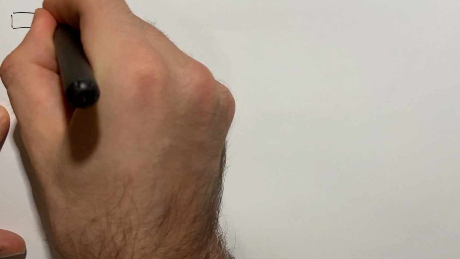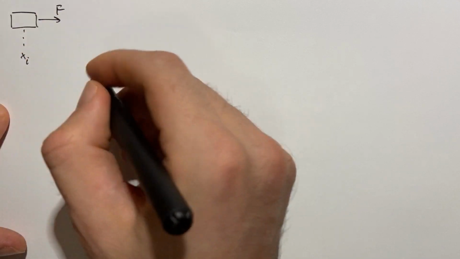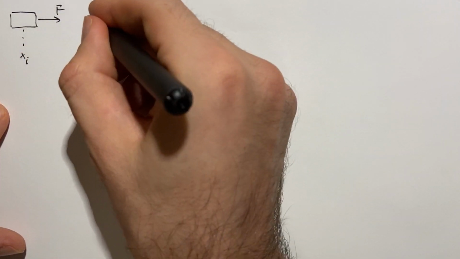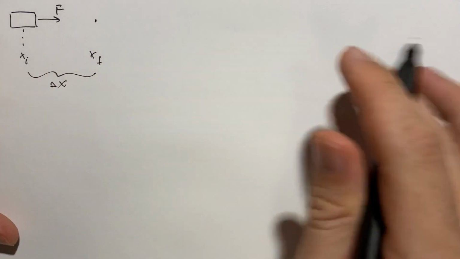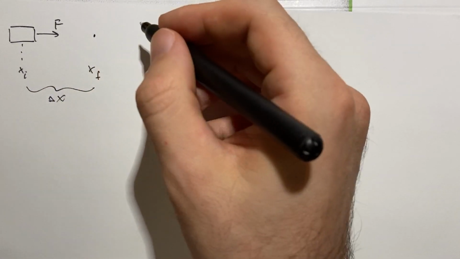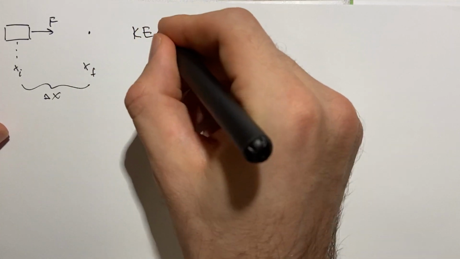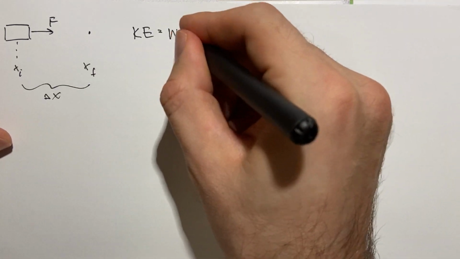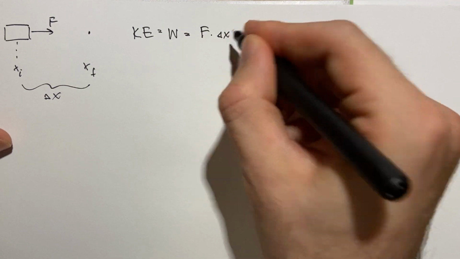Classical mechanics tells us that if we exert a force F on an object, from the position x initial to the position x final, this being delta x, or the displacement, this object will gain some kinetic energy, which would be equal to the work performed, which in turn is equal to F times delta x.